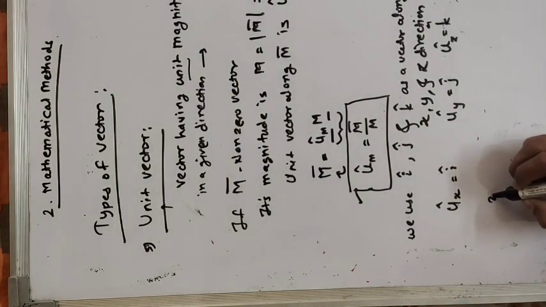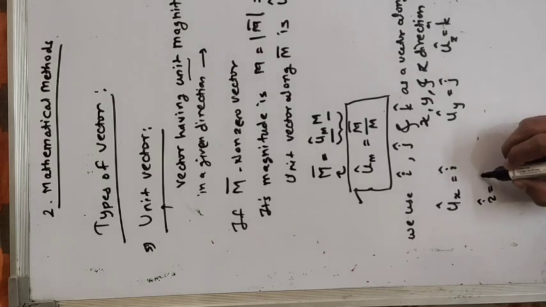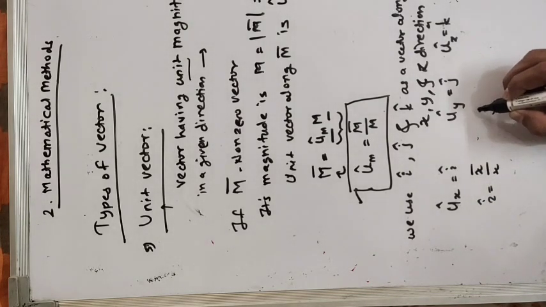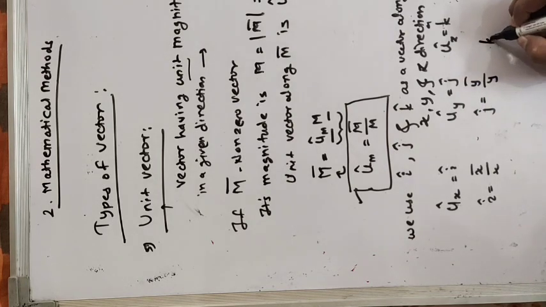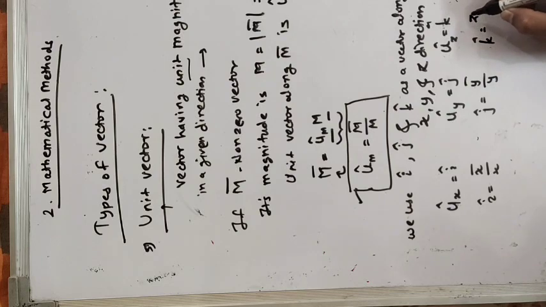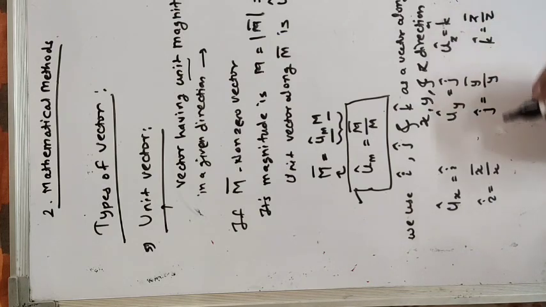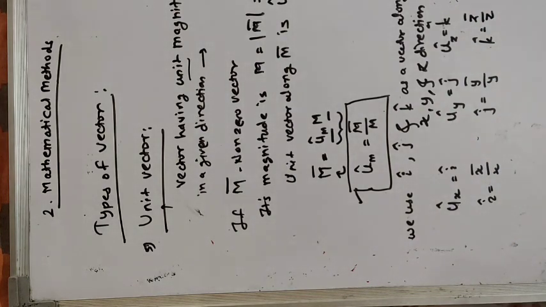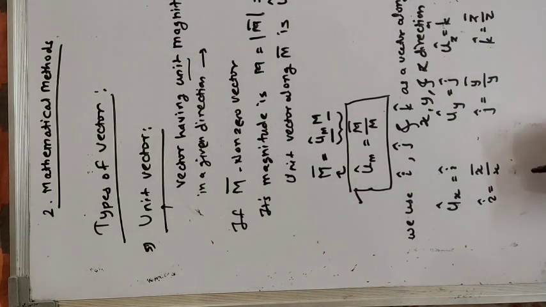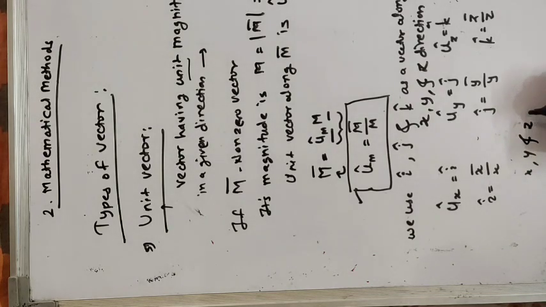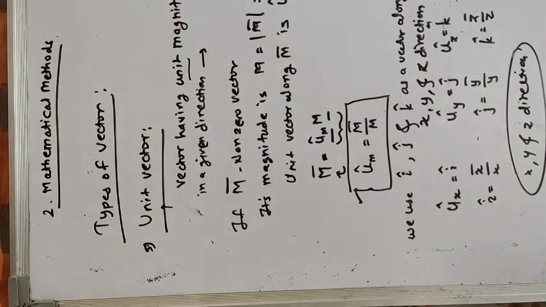Now these vectors are given by i cap equal to x bar upon x, j cap equal to y bar upon y, and k cap equal to z bar upon z, that is, vector divided by its magnitude. Here x bar, y bar and z bar are the vectors along the x, y and z directions.